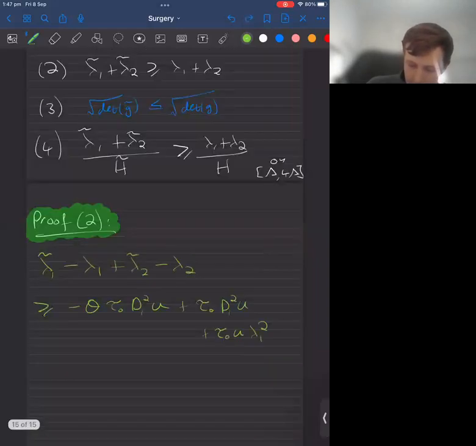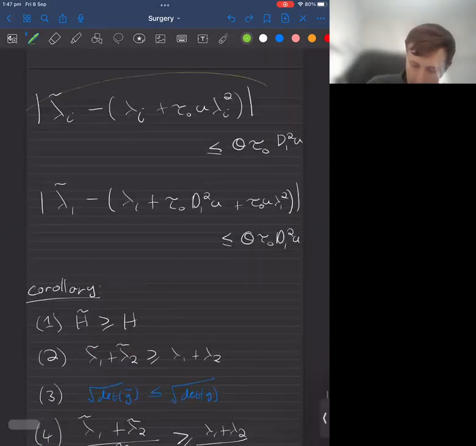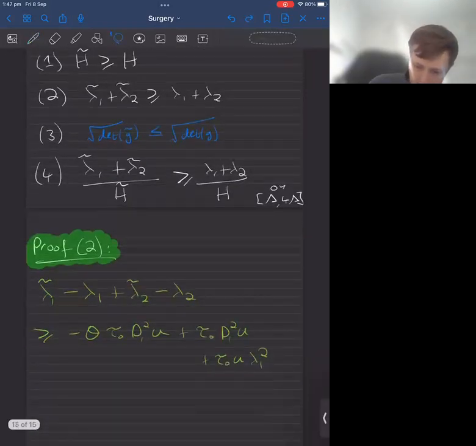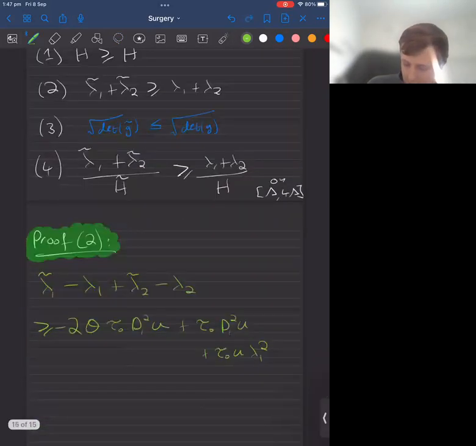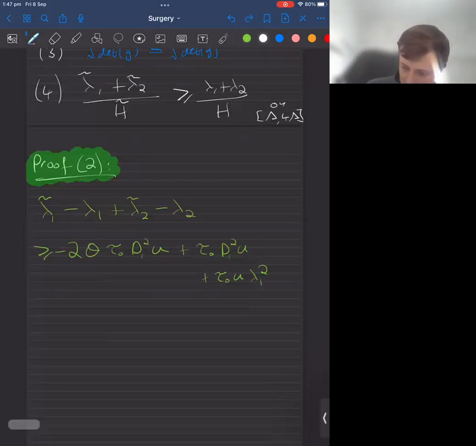Same thing with the lambda 2s, except I have to use this estimate here. Again, I get a minus 1 of these, right? So I get actually 2 of these. And I get a factor of lambda 2 squared. So I can put plus lambda 2 squared here.